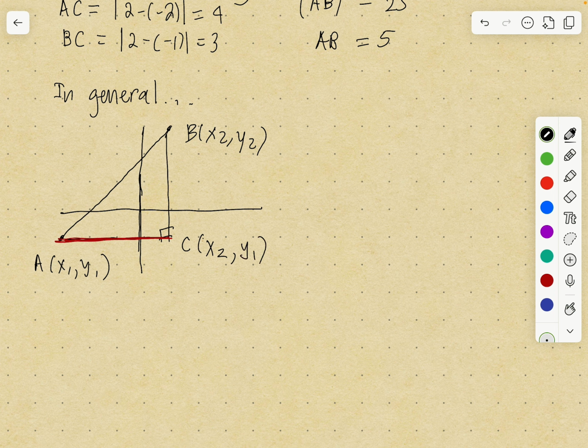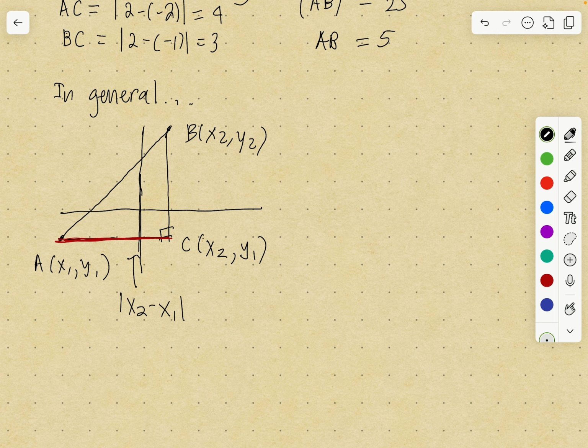So the coordinates of C are (x2, y1). Now what's the horizontal change from A to C? I just changed horizontally the value of x. I don't change the y-coordinate. How much did the x-coordinate change? Well, that's going to be the absolute value of x2 minus x1.